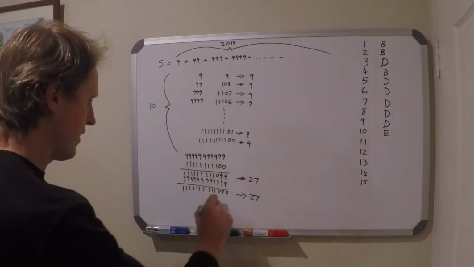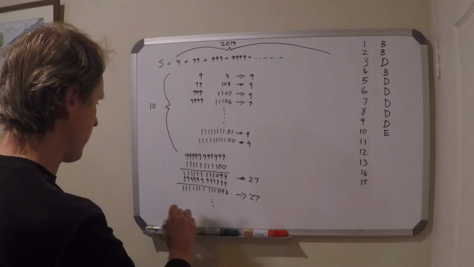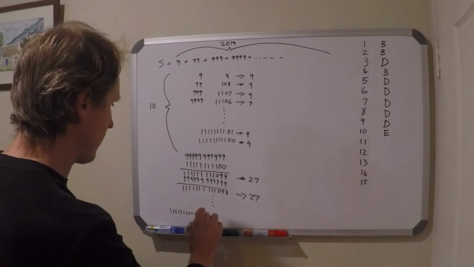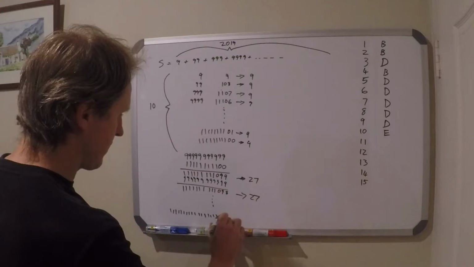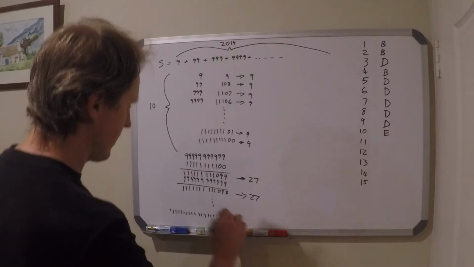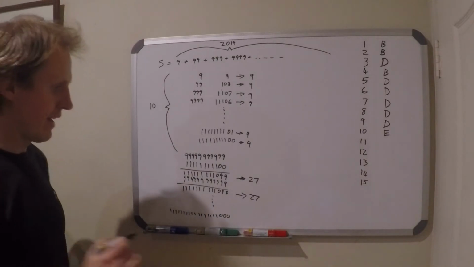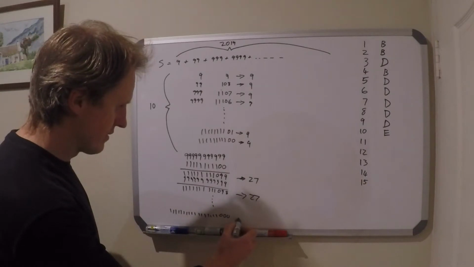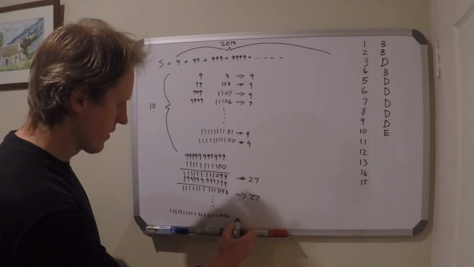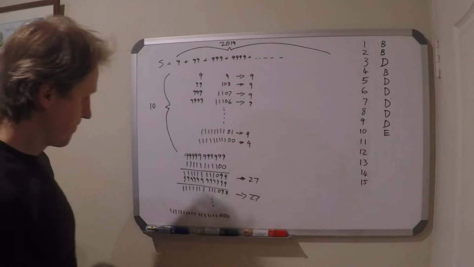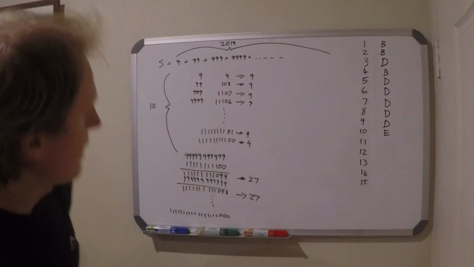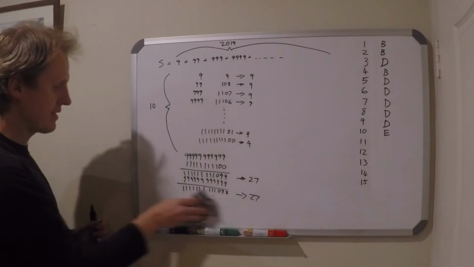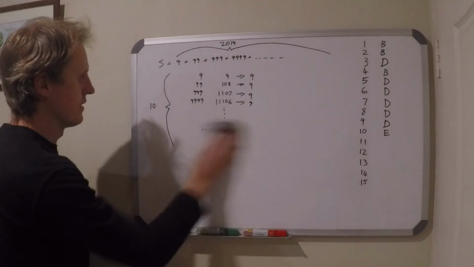So eventually this pattern is going to be 1, 1, 1, 1, a whole lot of ones, and then it's going to be 0, 0, 0. Okay, so let's see how this pattern goes. I'm going to erase this.